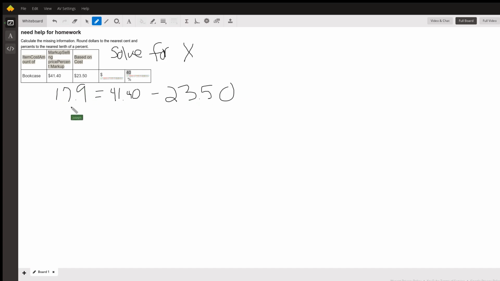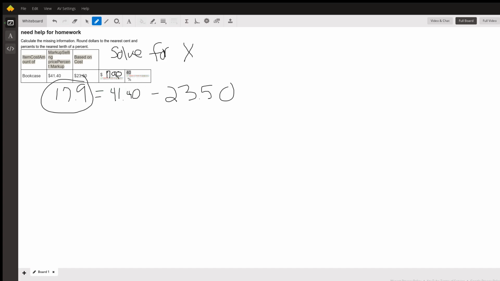So this number right here should be right here, right? I hope I'm right. Let's see if I'm right, because we can check our work with this kind of math. All right, so now we found x. 2350 was marked up by 40%.